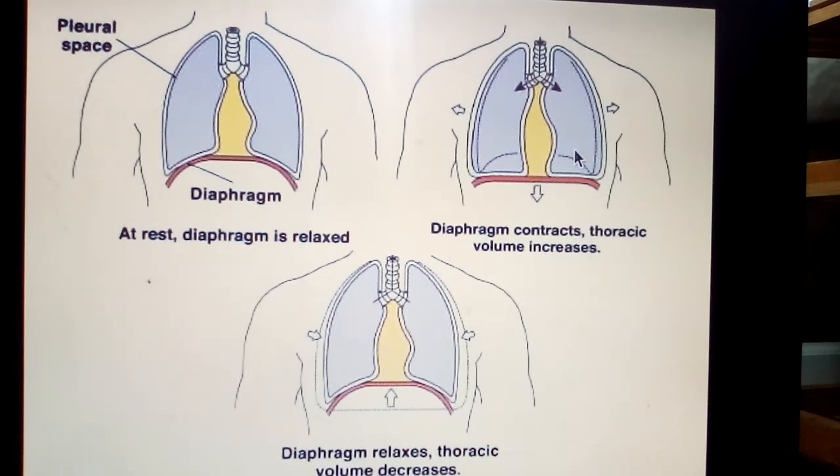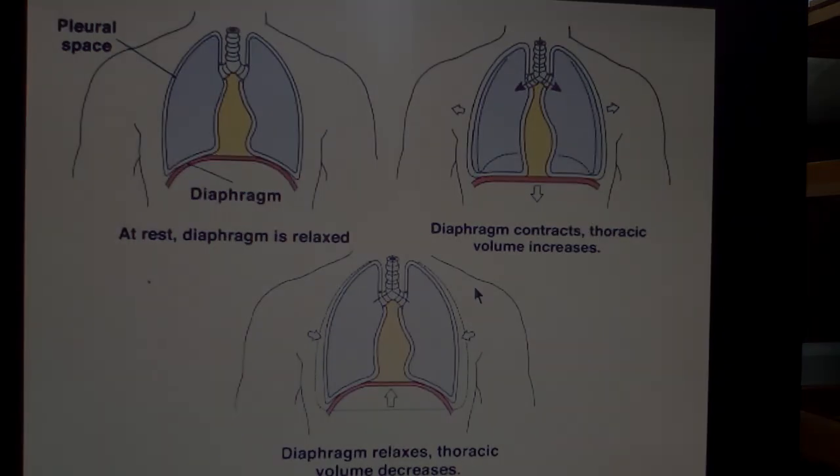Air will rush in, and you inhale. And then for expiration at work, the internal intercostals will contract, pushing the sternum in and squeezing the air out. And then the abdominal muscles will push all the visceral organs up against the diaphragm, pushing it up, again forcing the air out. So this is just a prettier diagram of diaphragm relaxed, contracted. They're not really showing the intercostal muscles well, but they'd be along the rib cage here. All right, take care.